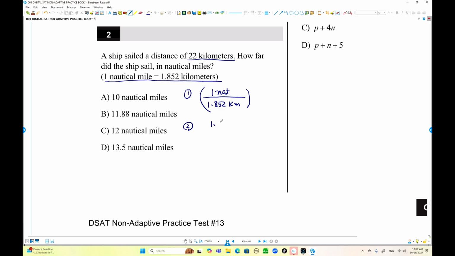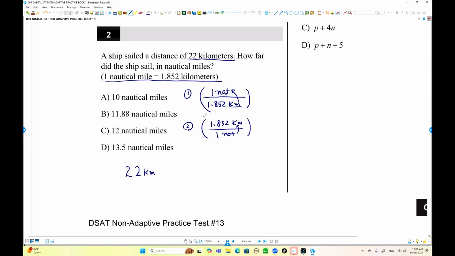The second one is 1.852 kilometers equals 1 nautical mile. Okay, you have two. But this one is from kilometer to nautical miles. This is nautical miles to kilometers. At this time, 22 kilometers is given.